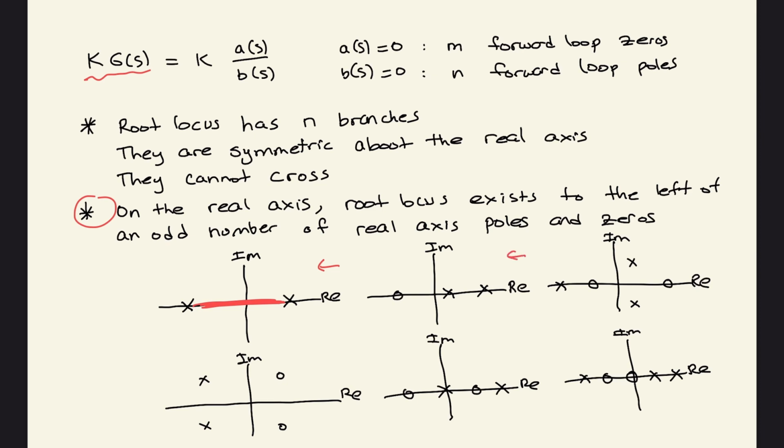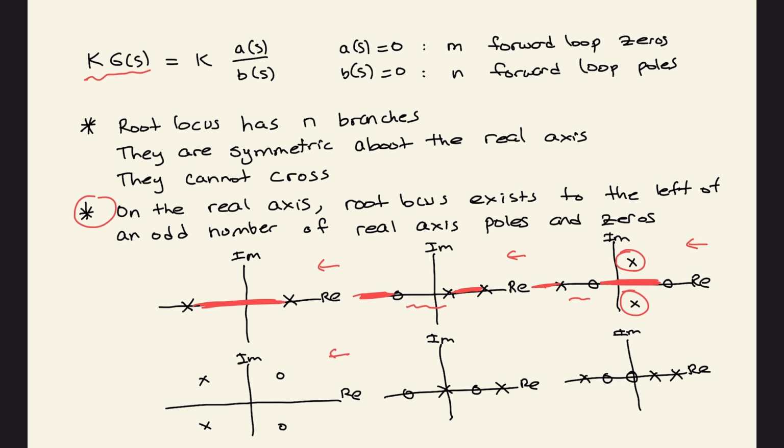Starting from here, root locus exists from here to here, skipping the second gap, and from here to infinity. Moving to the third example, starting from here, root locus exists between here and here, skipping the second one and the third one. We don't care about any non-real axis poles or zeros.